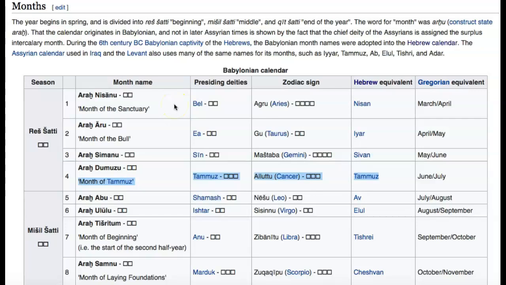So what this means is that when the people of the scriptures were forced into captivity throughout these other nations, Babylon included, they had to adopt the customs and the culture of their oppressors, including their calendar, as you see right here.